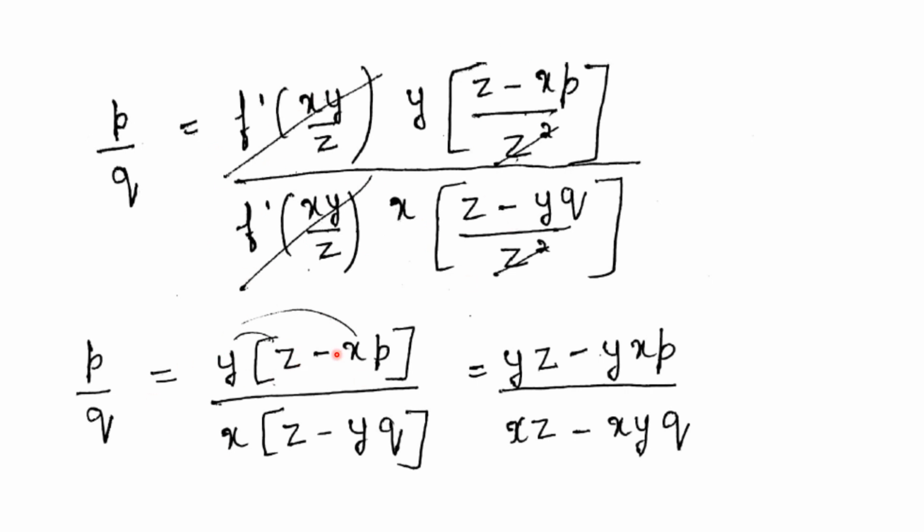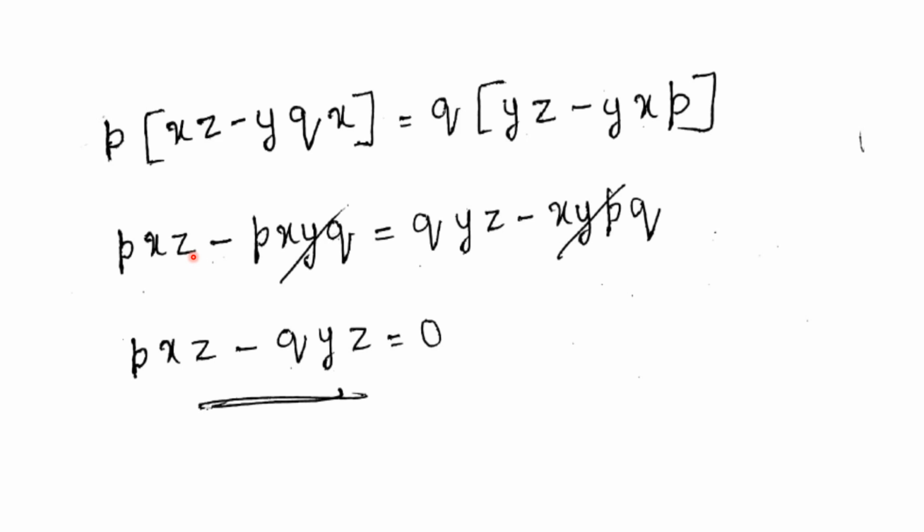Before cross multiplying, just multiply y to each term inside the bracket, so you get yz minus yxp. Similarly in the denominator also multiply x to each term inside the bracket, so you get xz minus xyq. So cross multiply this now. When you cross multiply, you get p into xz minus yqz equal to q into yz minus yqp.